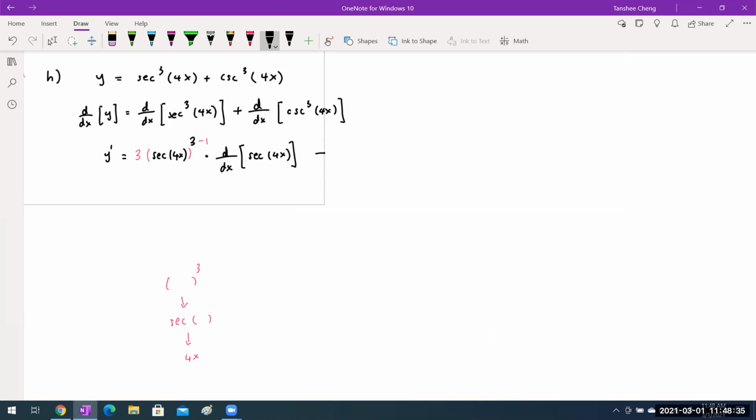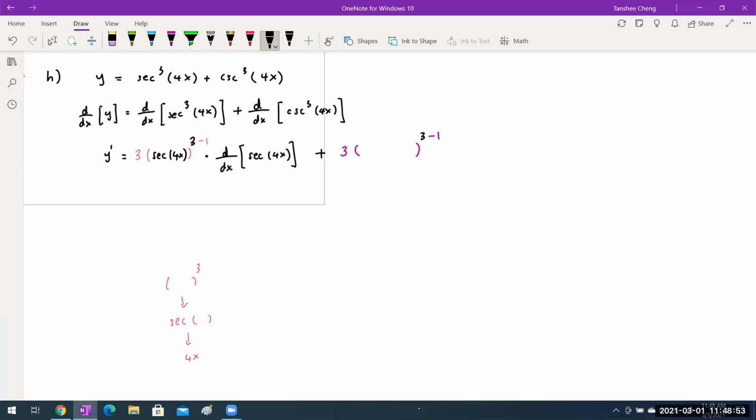Now, let's take the derivative of the second part, which is the same format, except we have cosecant right there. So when we take the derivative of the second portion, that'll be 3, and then minus 1 on the power, 3 minus 1.